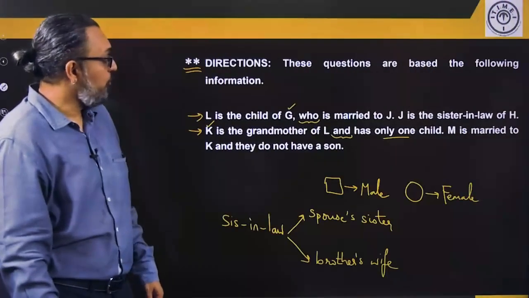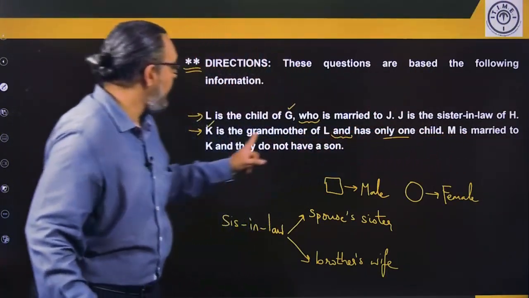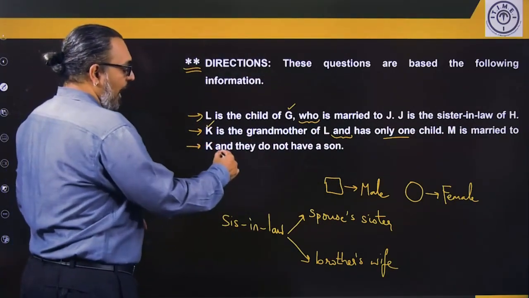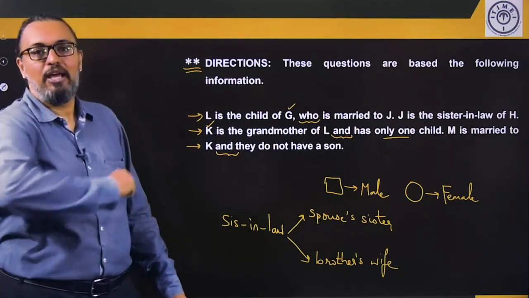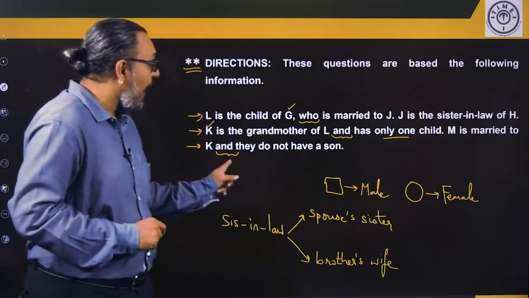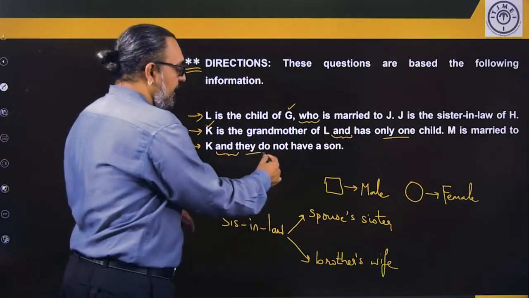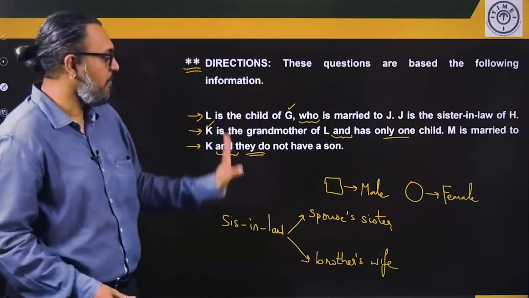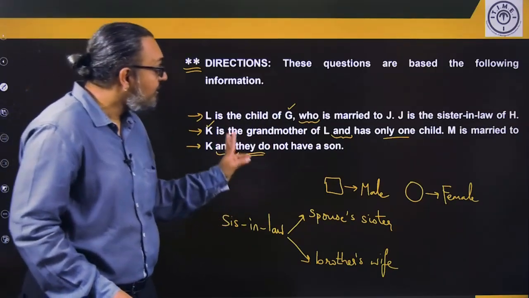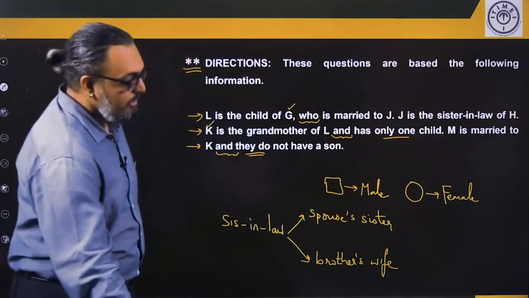Then further, what do we have? M is married to K and they do not have a son. So this confirms that what we have taken is correct, because "they do not have a son" means both M and K, plural, correct. M is married to K for sure and they do not have a son.